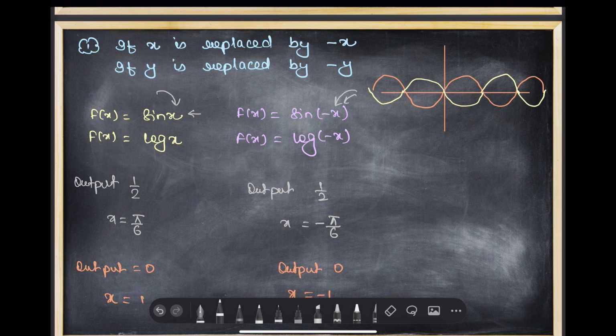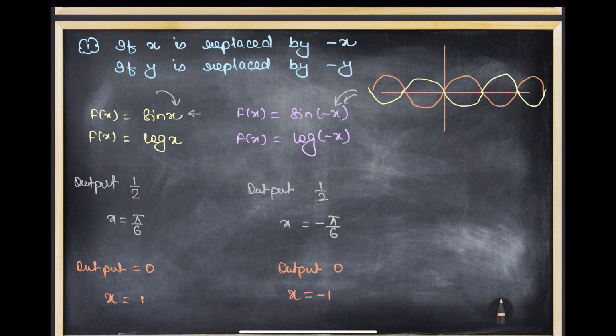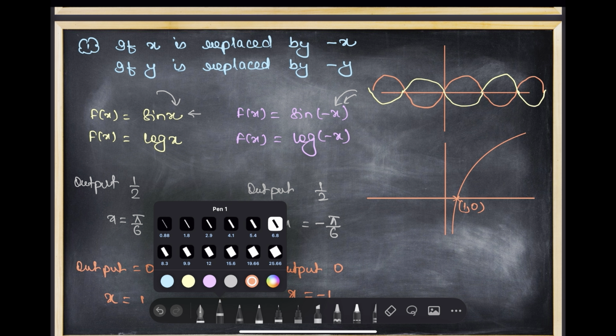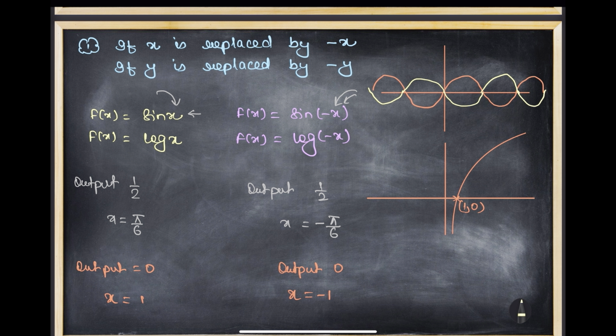I feel this is the idea. Now if we have to draw the graph of log x, I should go this way. This is 1 comma 0. Now if I have to draw the graph of log minus x, I think we should go this way. This is minus 1 comma 0. So this is my idea.